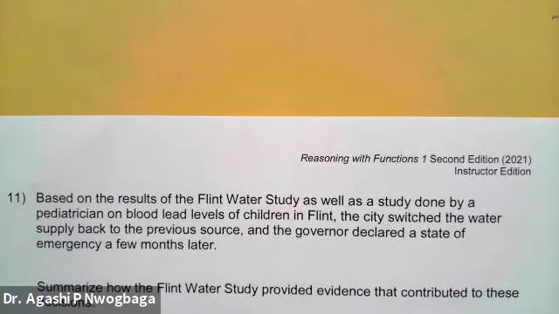Number 11, based on the results of the Flint water study, as well as a study done by a pediatrician on blood lead levels of children in Flint, the city switched the water supply back to the previous source, and the governor declared a state of emergency a few months later.